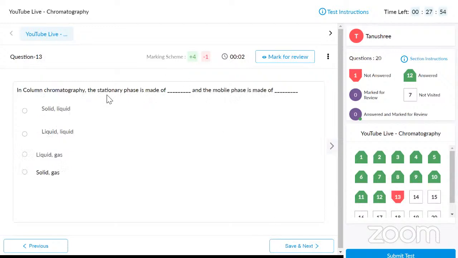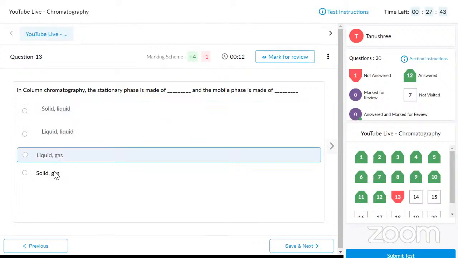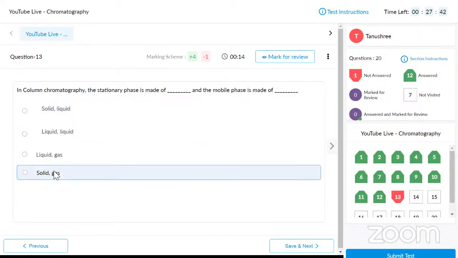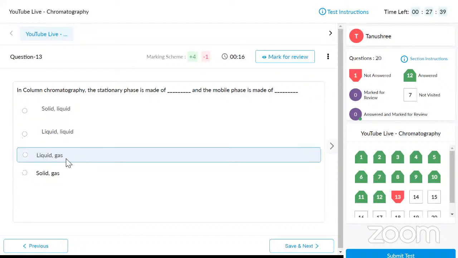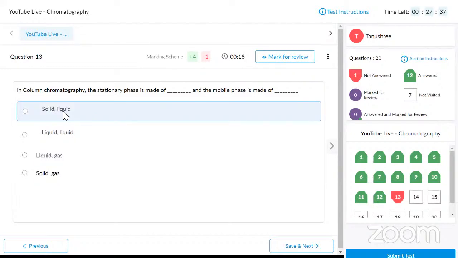Now in column chromatography, the stationary phase is made of dash and the mobile phase is made of dash. Option A is solid liquid, B is liquid liquid, option C is liquid gas, and option D is solid gas. Now let us proceed with all of the options. I will say my answer is solid liquid. क्यों? क्योंकि column chromatography में stationary phase solid होता है and mobile phase has to be a liquid.